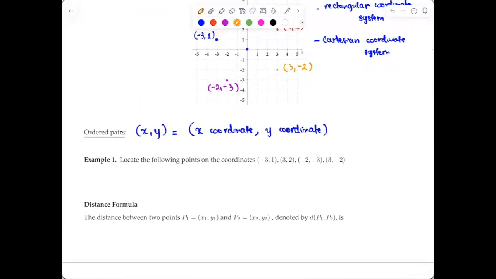Okay, so you know about the coordinate system. You can now locate a point on the coordinate system. Can you find the distance between two points? Using the following formula, we can find the distance between two given points.